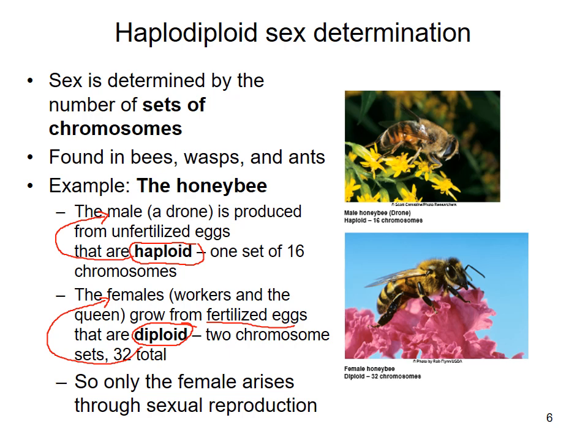The males are haploid because they originate from an unfertilized egg, whereas the females are diploid because they come from 2 sets of genetic information due to the fertilized eggs and obviously having their diploid number.